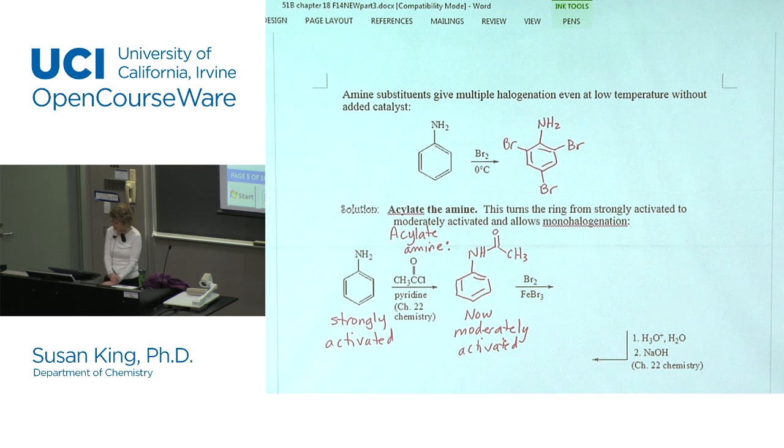And when we brominate, it's now moderately activated, and it's pretty bulky, isn't it? So we're going to get about 95% para. I'm going to get maybe 5% ortho, 95% para for this reaction.